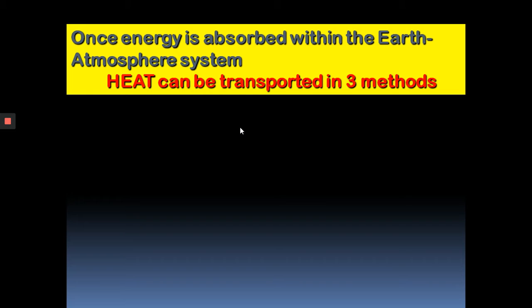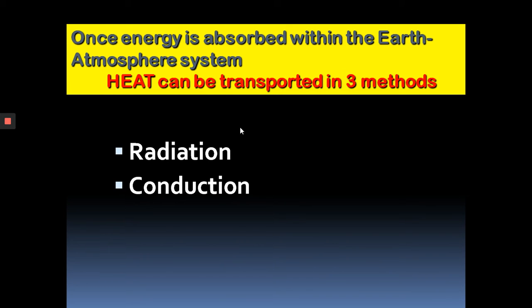Once the energy is absorbed within the Earth's atmosphere system, the heat, the thermal energy, can be transported in three different ways. The first one is called radiation, then conduction, and convection. These are the three different ways heat can be transferred.